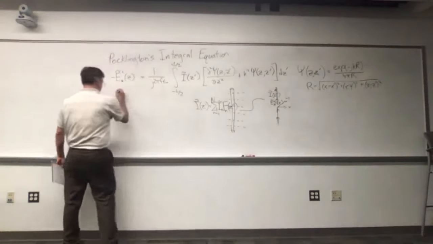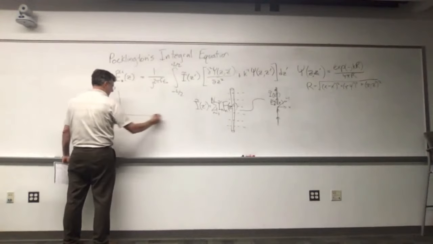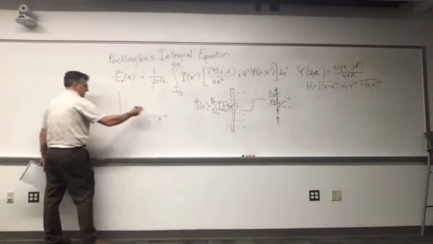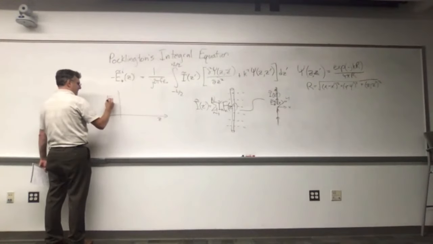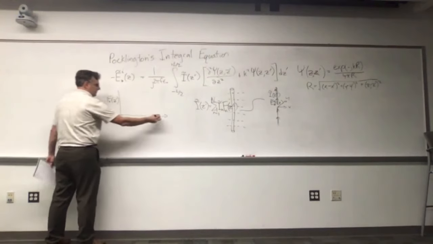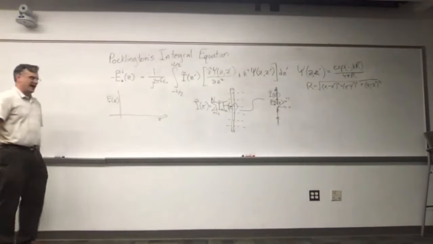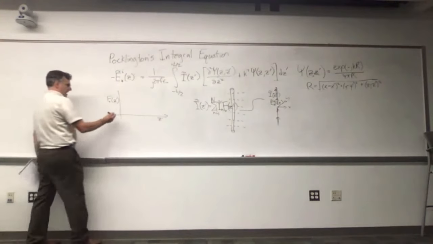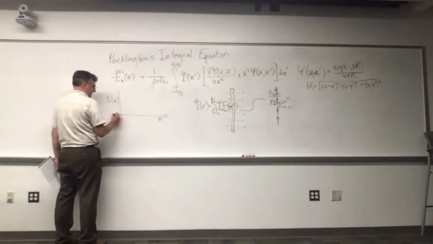So if I had a graph where z prime was on the horizontal axis and f sub n, if I graph those different functions, f sub 1 would be this function.